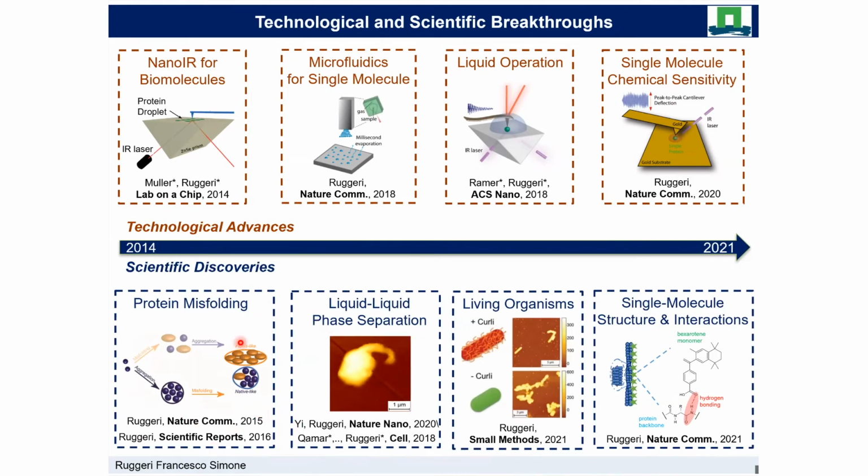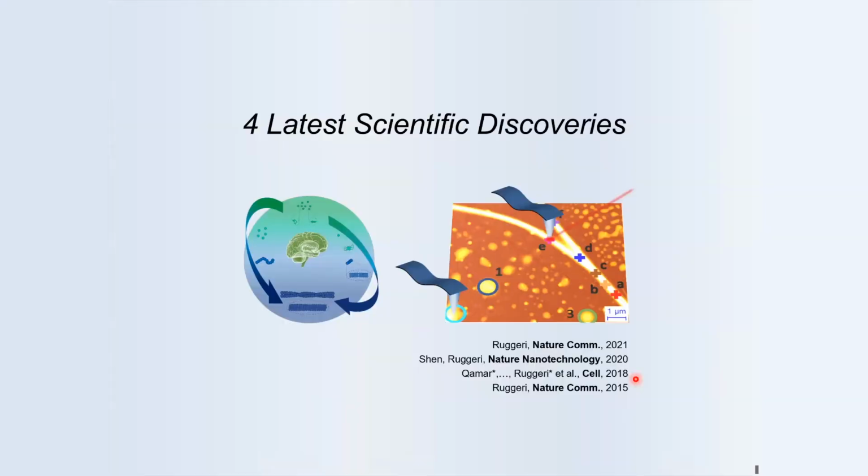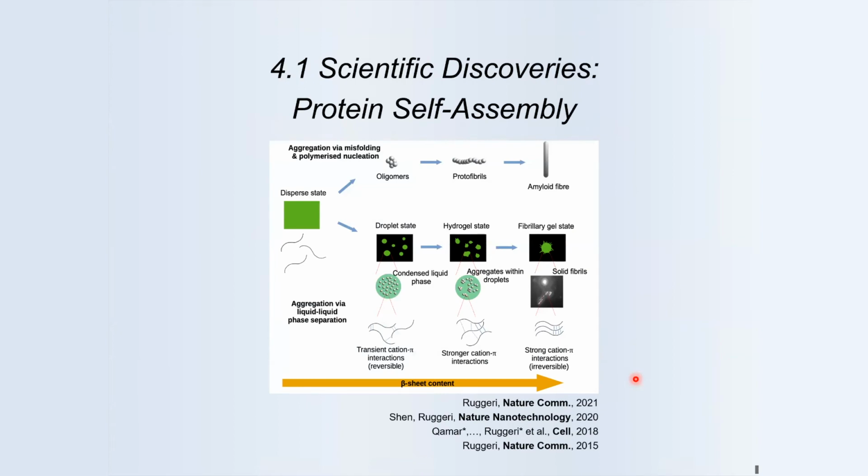Not only how this occurs in vitro, but also how it occurs in living organisms, and how these can be treated, for instance, by using small molecules to prevent aggregation. So I will show you, in the last 5 minutes, quickly some of our latest scientific discoveries in this field. And in this case, they will indeed be focused on the problem of protein self-assembly.